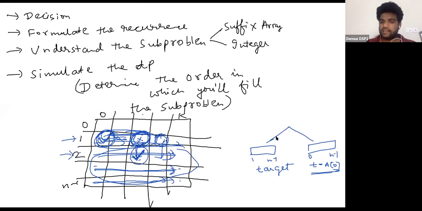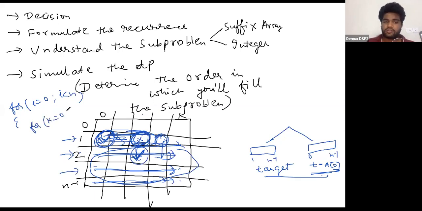So that's basically what I use. So my skeleton of code would be that I would run an outer loop for the sub array. So it will go from 0 to n, and in the inner loop, I will fill for a given row. I will fill from the smallest to the largest.